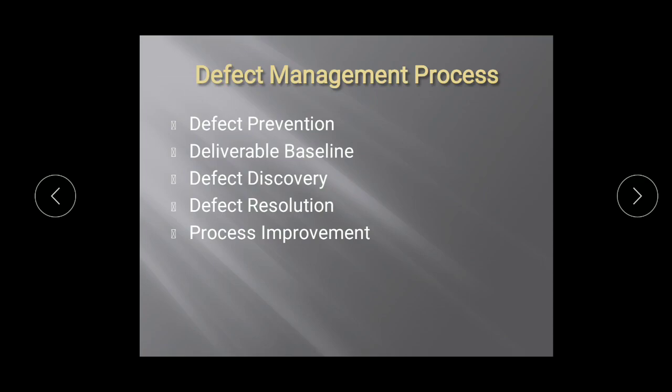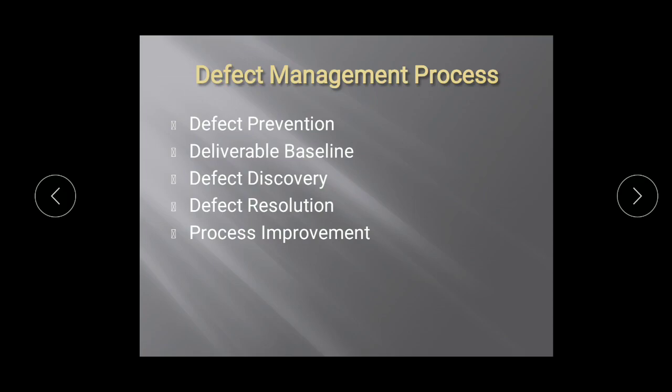Next is defect resolution. Once the testing team has identified the defect and informed the development team, the development team should start working towards resolving it. The development team has to perform a particular solution to remove that defect or bug.